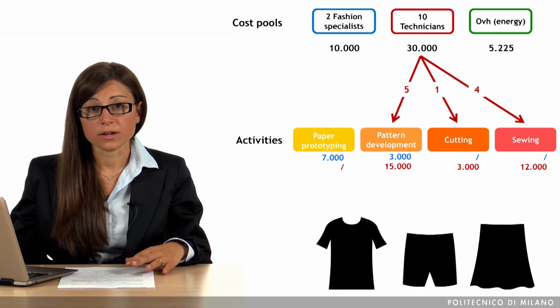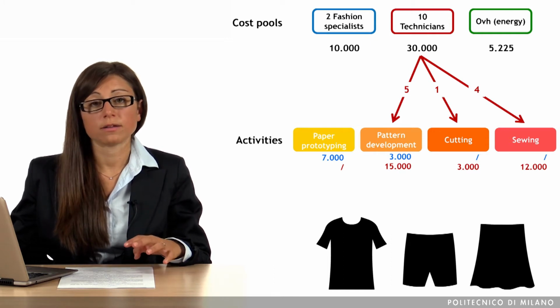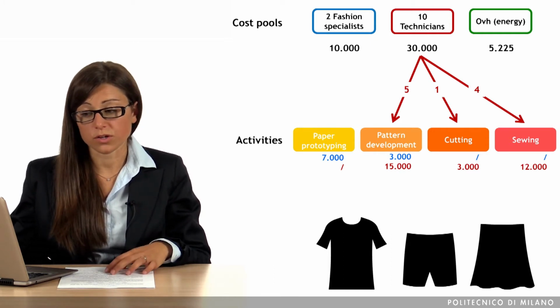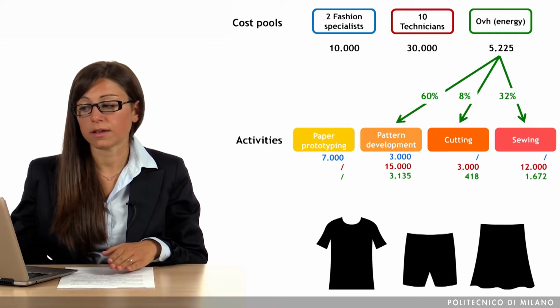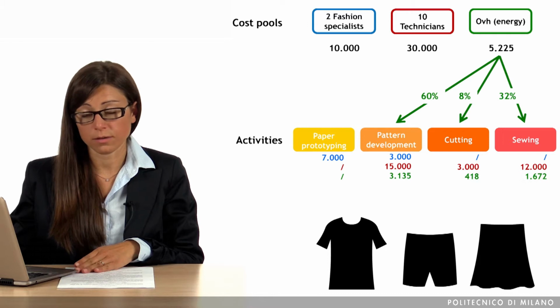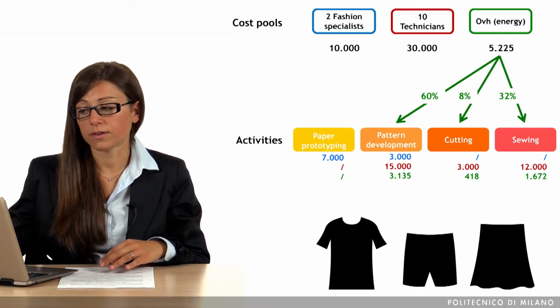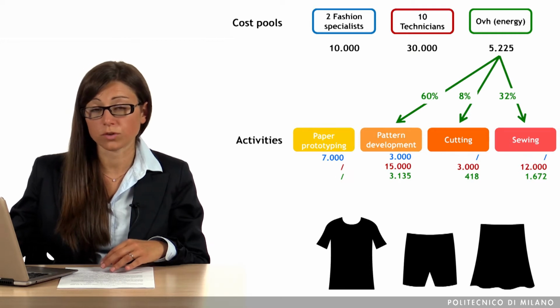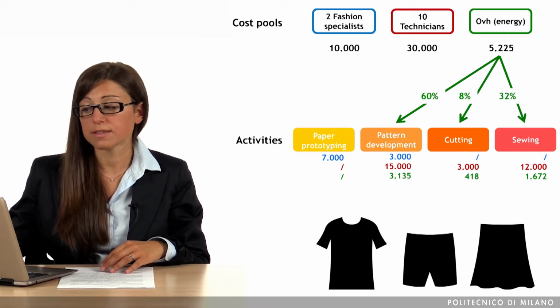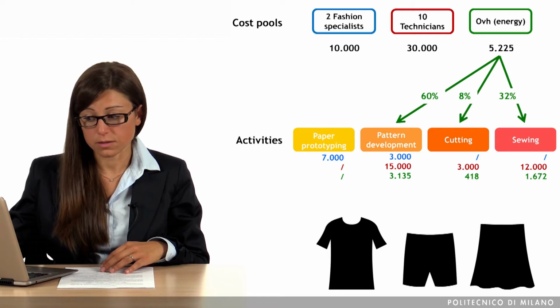For what concerns the energy, in the text we can find the percentage of absorption of the energy among the 3 different activities. So we have 60%, 8%, and 32%. If we share these 5,225 euros among the 3 different activities, we can find the portion of the total cost of the energy which is assigned to each activity.